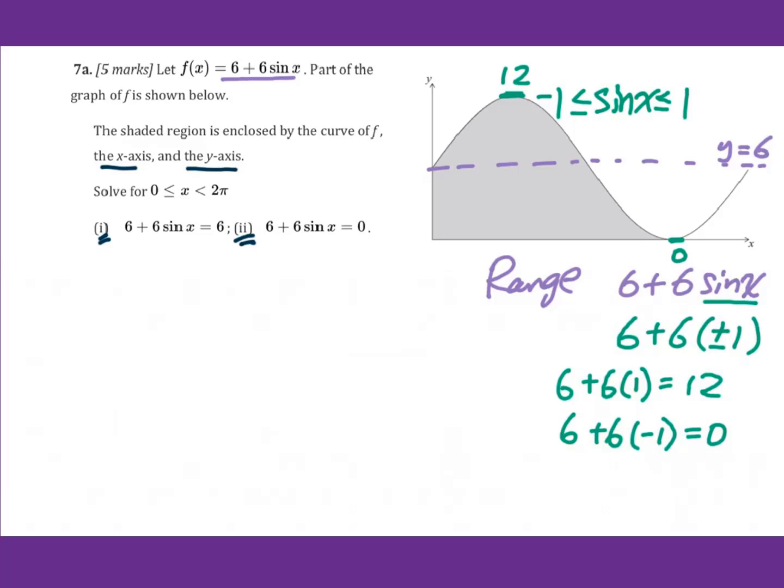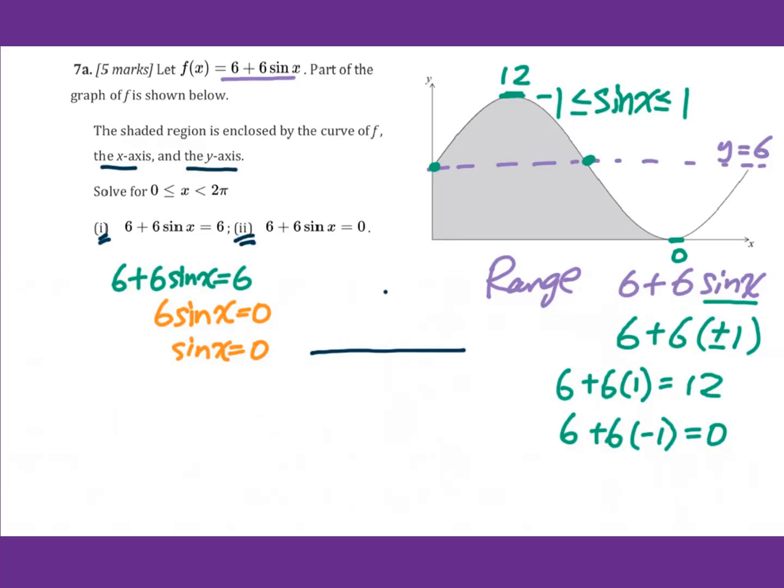Therefore, for the first one, 6 plus 6 sine x equals 6. We are looking for this point and this point. You will get 6 plus 6 sine x equals 6. Minus 6 both sides, you get 6 sine x equals 0, so sine x equals 0. Let's go to quadrantal angle.